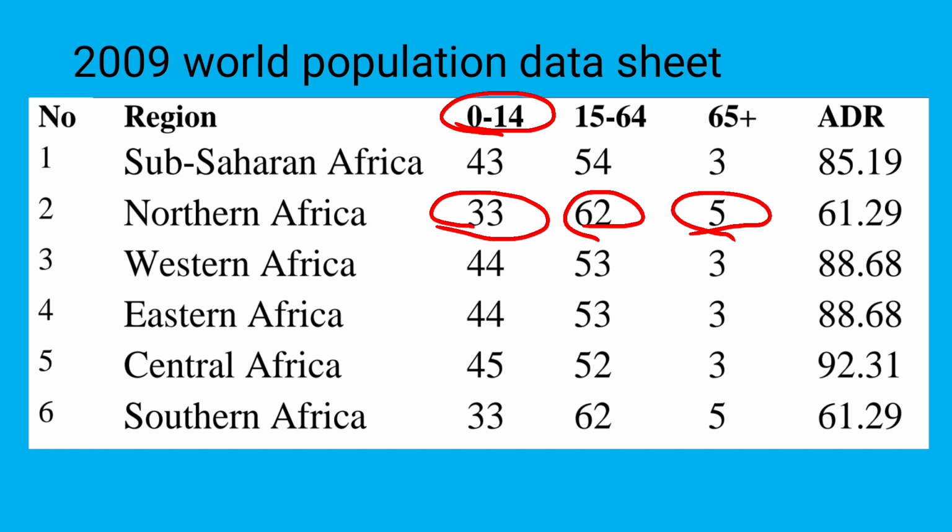The dependent elders are 3%, and the age dependency ratio is 88.7, or 88.68. Eastern Africa is known for having 44% newborns and 53% working force, as well as 3% elders, with an age dependency ratio of 88.7, or 88.68.